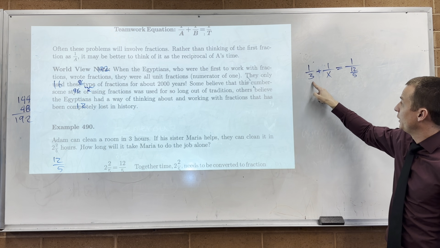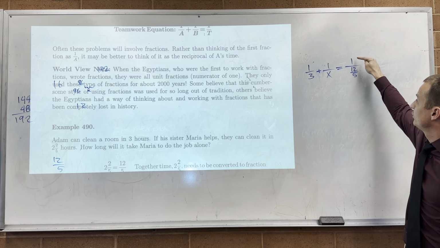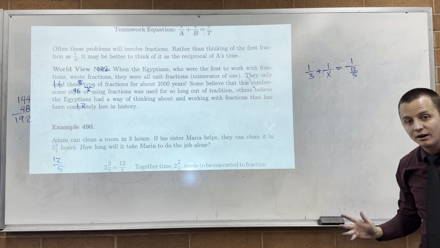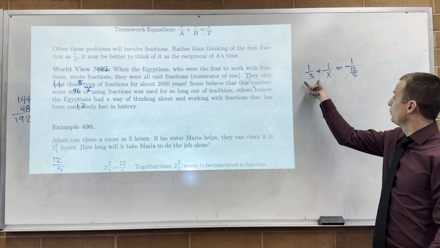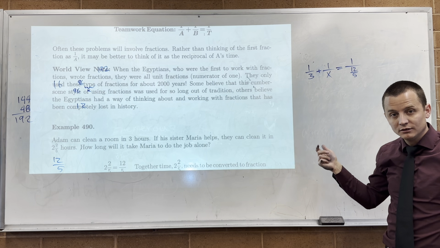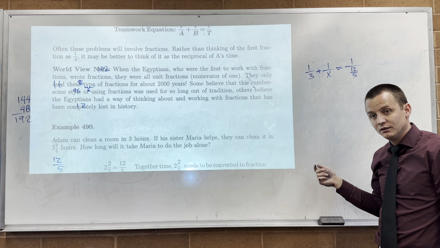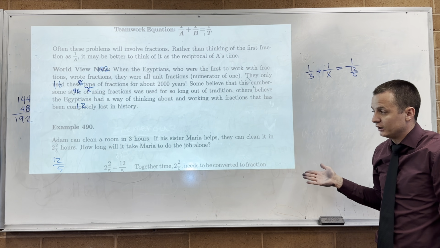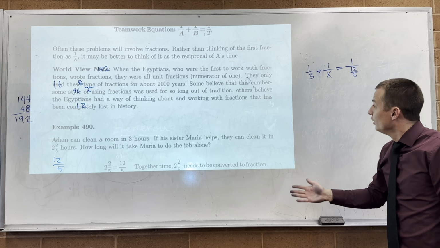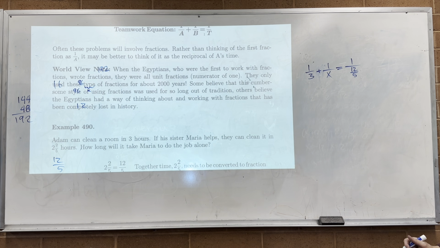Here's my rate, here's Maria's rate, here's our total rate. The setup to these is always going to be the hard part. Once you've got that set up, now we can just start working with it the way we know and love.